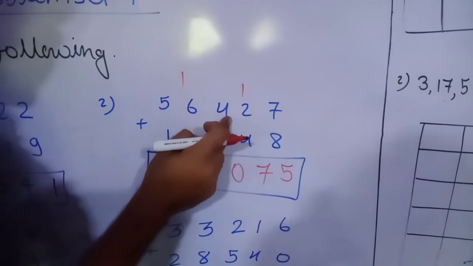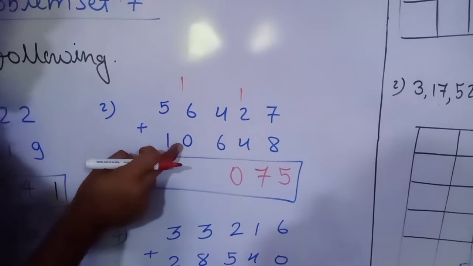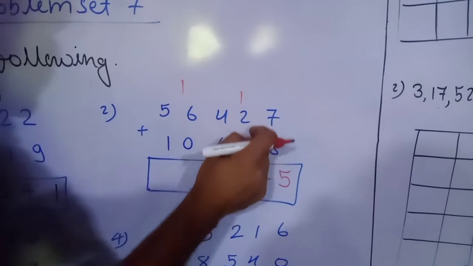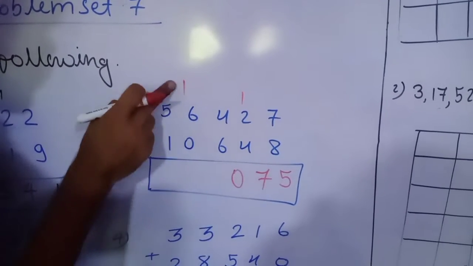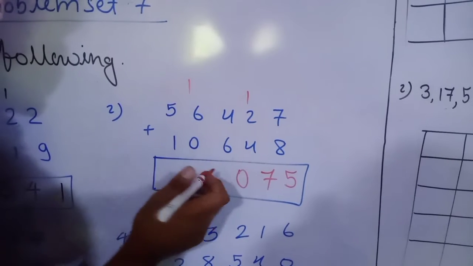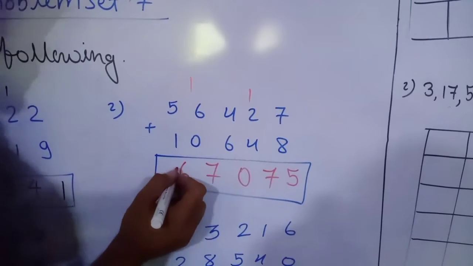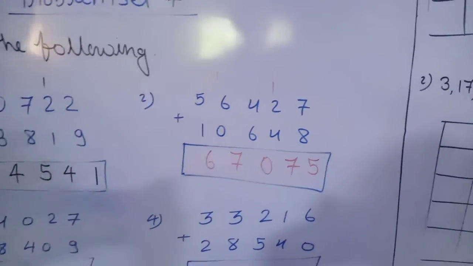Now unit, 10, 100, 1000 place with the 1000 place. So I have to write all the digits below the same digit. 1 plus 6 is 7, plus 0 is 7. 5 plus 1 is 6. This way we can do the addition.